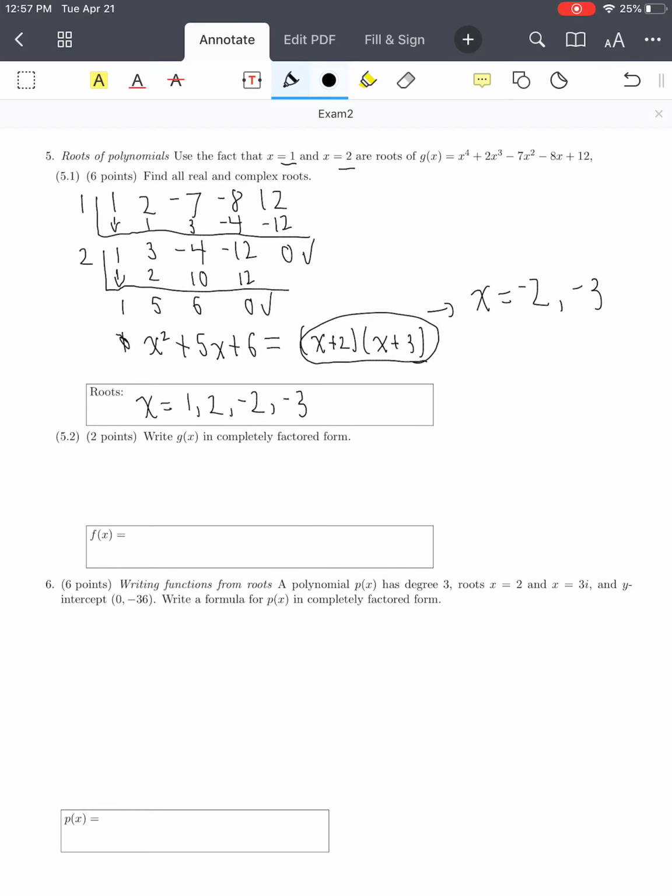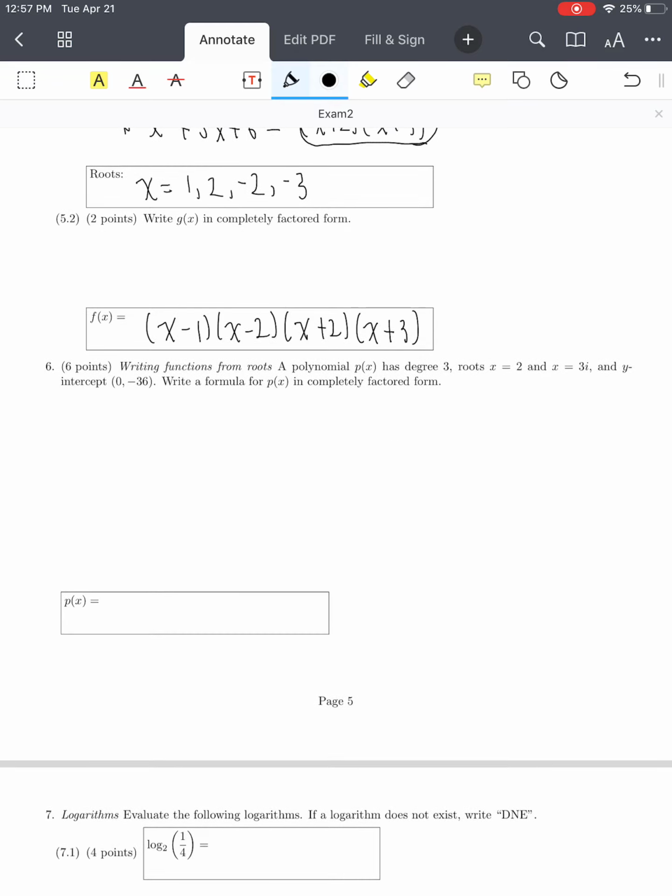Forgot about my negative sign. Don't worry, forgetting about negative signs never goes away. Okay, now we can put these in factored form. So there's x minus 1, x minus 2, x plus 2, and x plus 3. There we go.